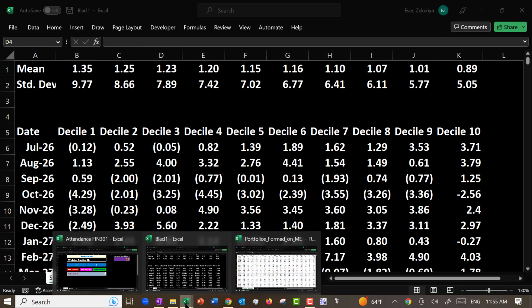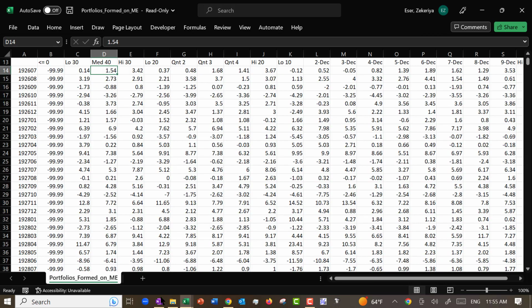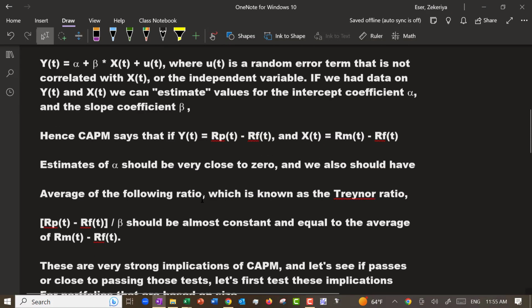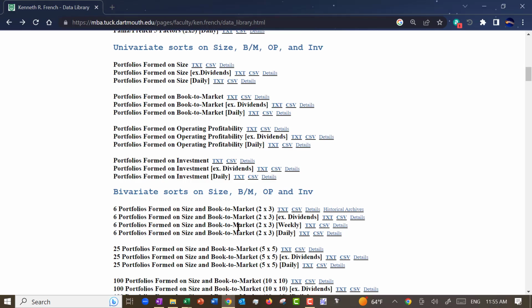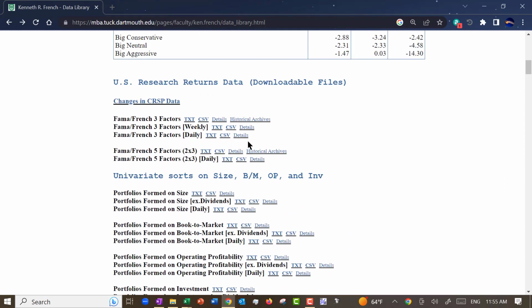There are two variables here. We need the return on the risk-free rate and the return on the market, okay? Those we're going to get from the so-called Fama French factors.